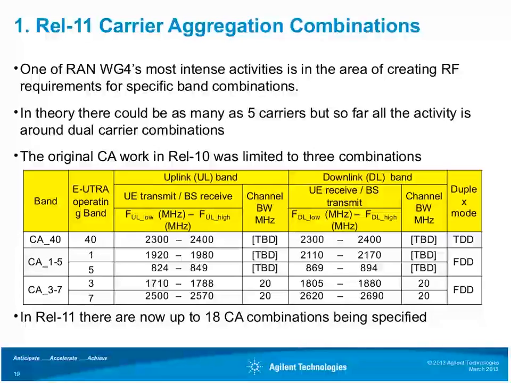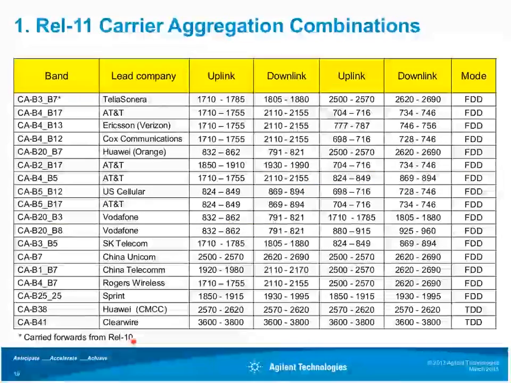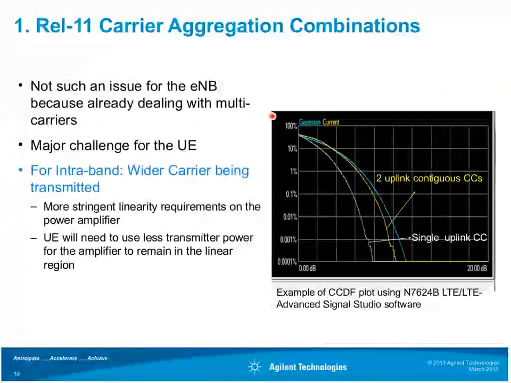For Release 11, though, they've added all of these bands, and these have been proposed by the network operators, and they're utilizing the spectrum that they have. Each one of these combinations requires a study for the coexistence. And then, of course, each network equipment manufacturer has to design the devices to work within these frequency bands.